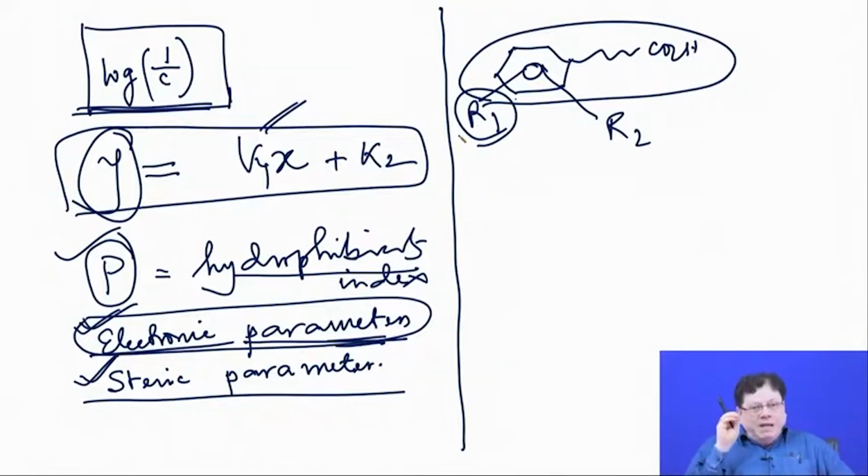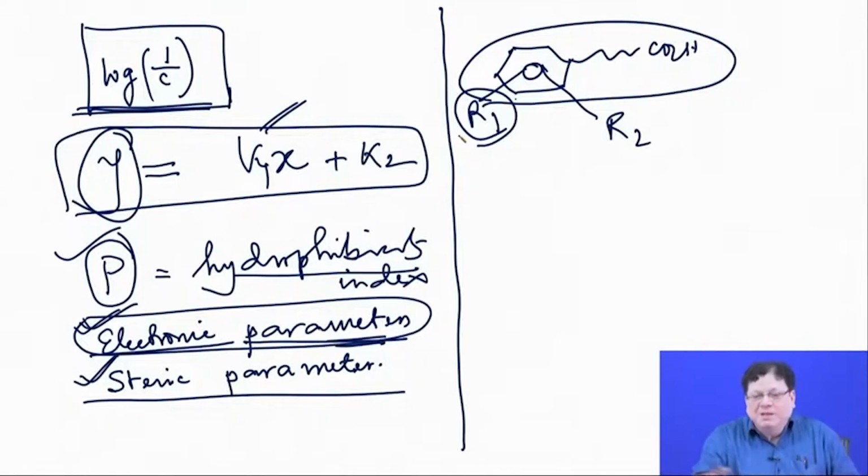Are you going to make these molecules and then try to find out their activity, or is there any way to predict what will happen if I have a methyl versus, say, a methoxy or a nitro? That is why this QSAR model is so important.